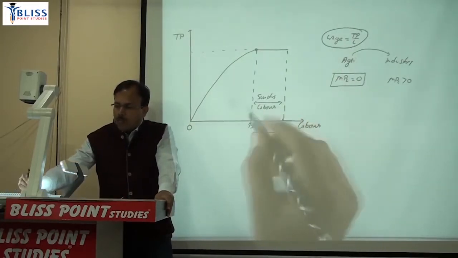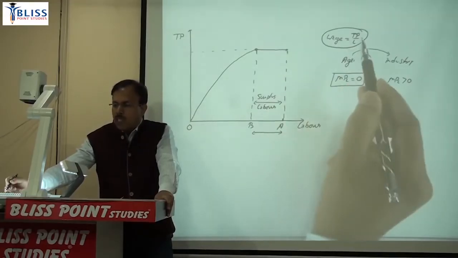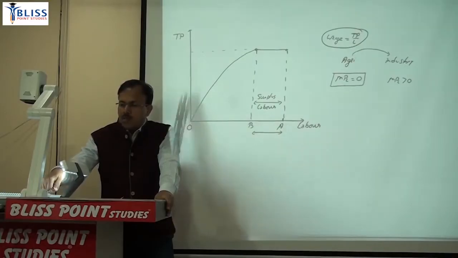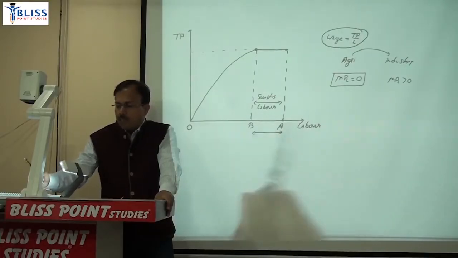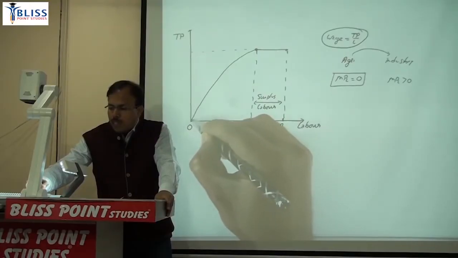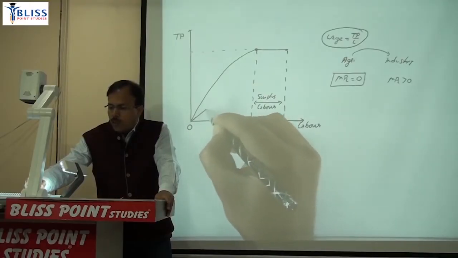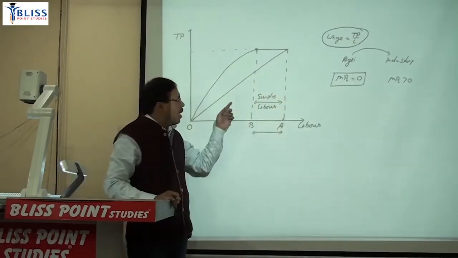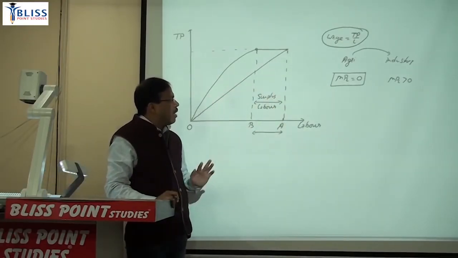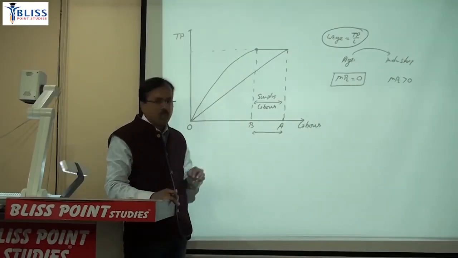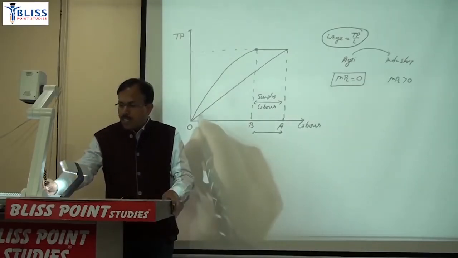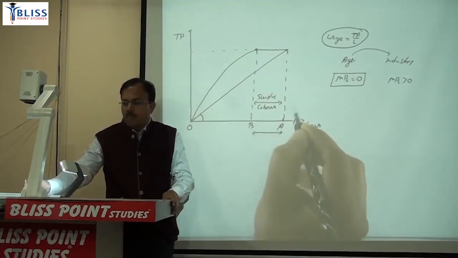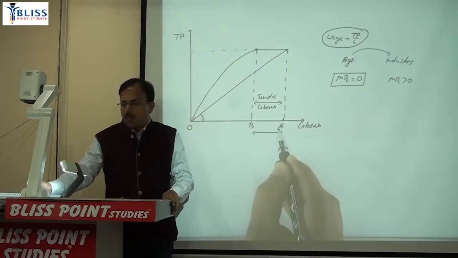So what will be the average productivity? Total product divided by labor. Total product is this entire distance. If you divide it by labor, simply if I join the origin with this point, the slope of this straight line will be measuring the average product, because it is the perpendicular, that is total product, divided by the base, which is labor.